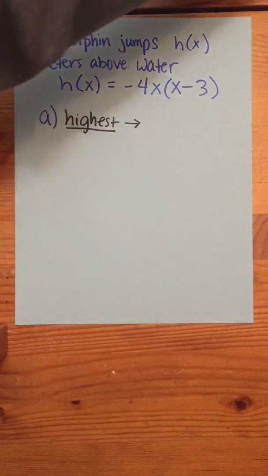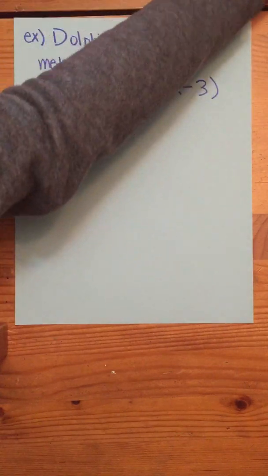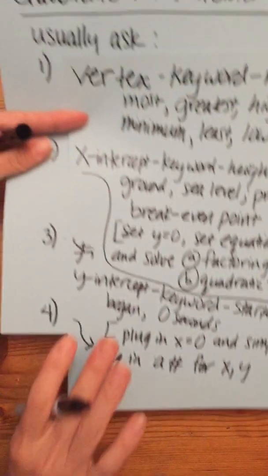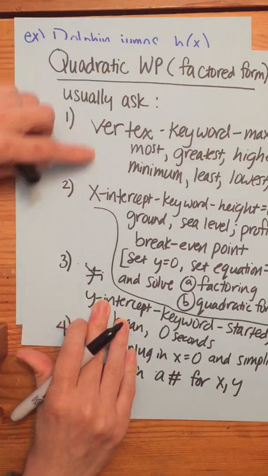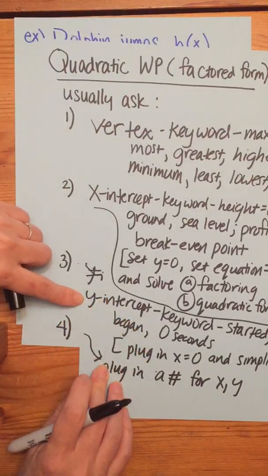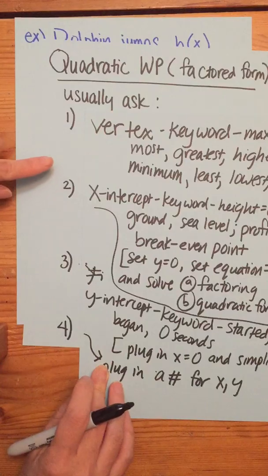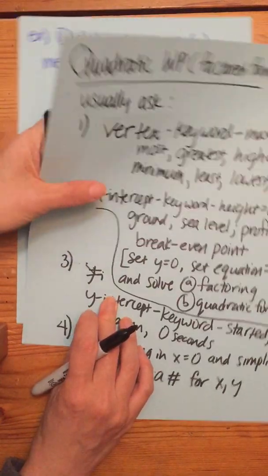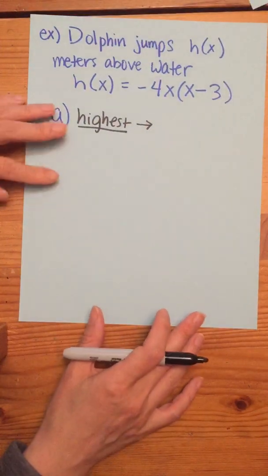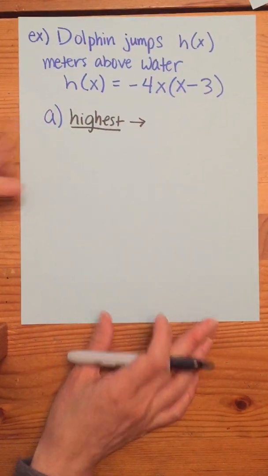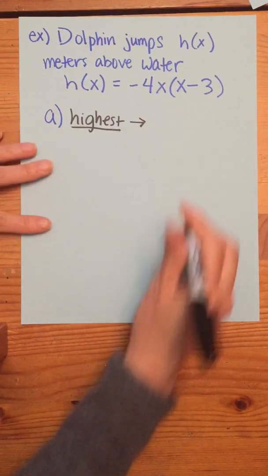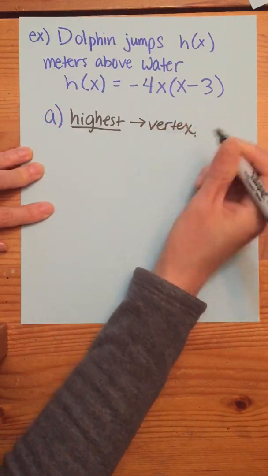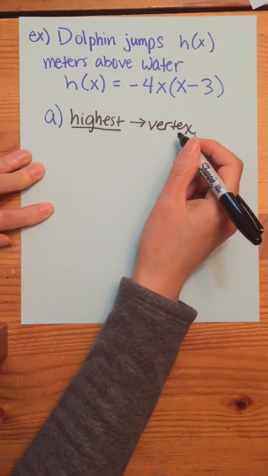The types of questions they like to ask are vertex, x-intercept, and y-intercept. Those are the three favorites. In this case, it's asking for the vertex. Highest means maximum, so that's a keyword for vertex.